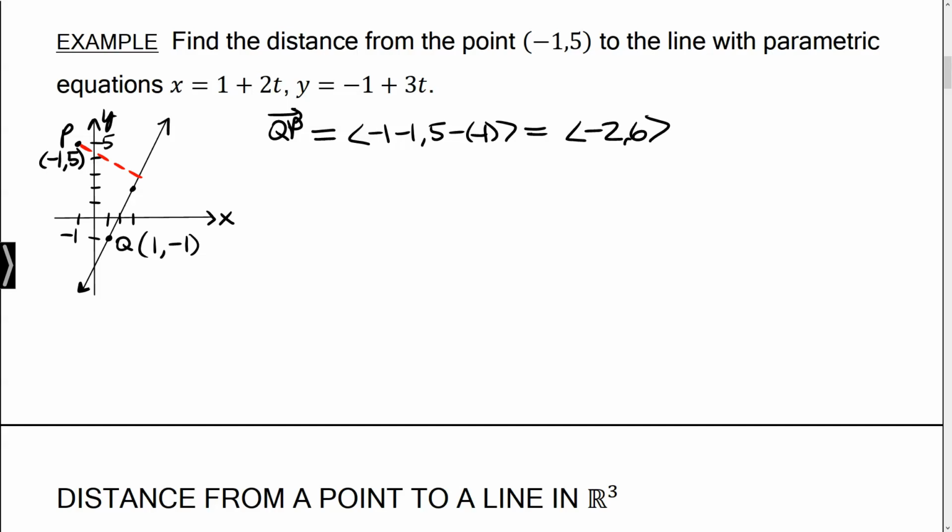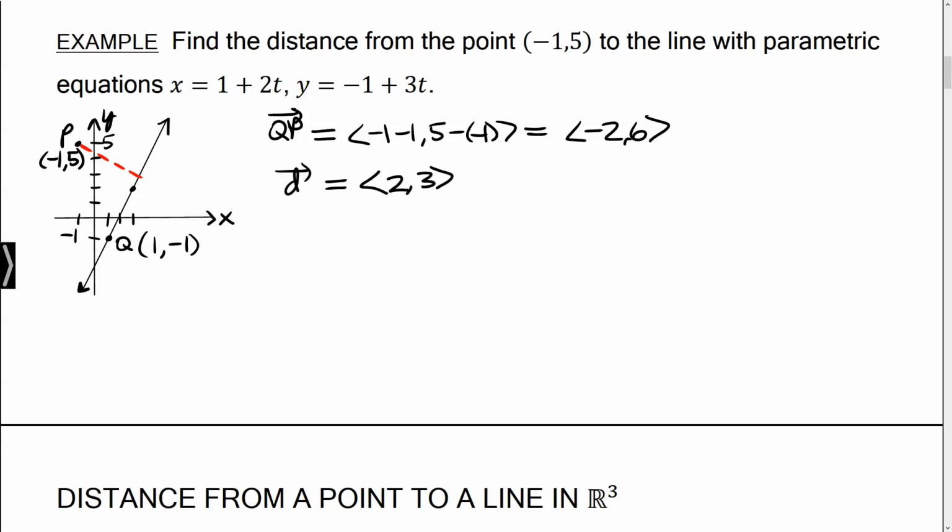Now, how are we going to figure out a normal here? So what we have to do here is think about this particular, from point Q up to this other point that I drew here, and think of that as a direction vector for the line. So if we read off the coefficients of t, a direction vector for the line is going to be given by 2, 3.